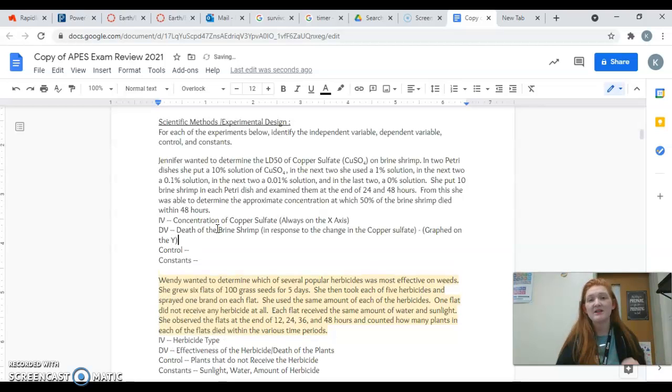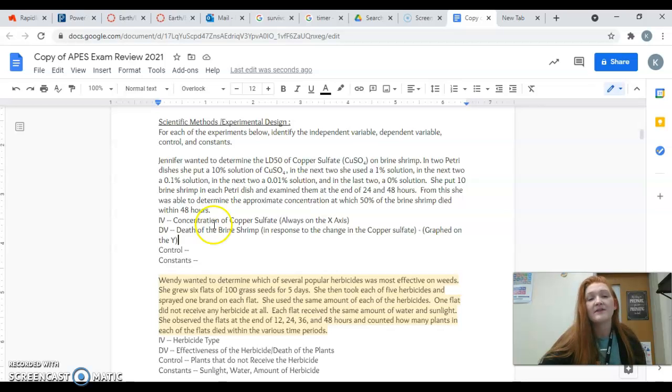So it's called the dependent variable because the dependent variable changes in response to the independent variable, which is being manipulated. Okay, the amount of brine shrimp dying, dependent, changes based on the concentration of the copper sulfate, which is the independent.